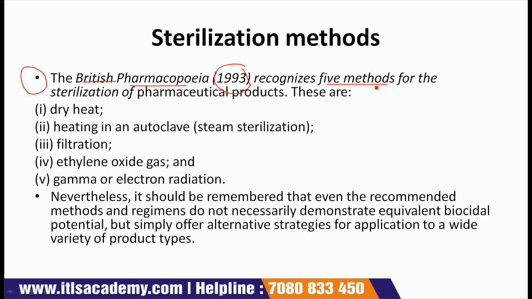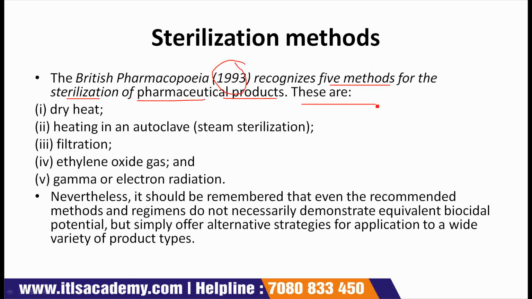Although there are a lot of methods for the sterilization of pharmaceutical products, the methods given by the British Pharmacopoeia are 5, and in this lecture series we will discuss all these 5 methods. So in 1993, 5 methods for the sterilization of pharmaceutical products were given.